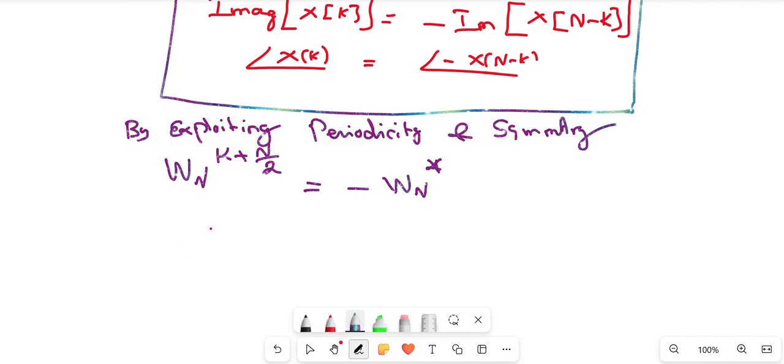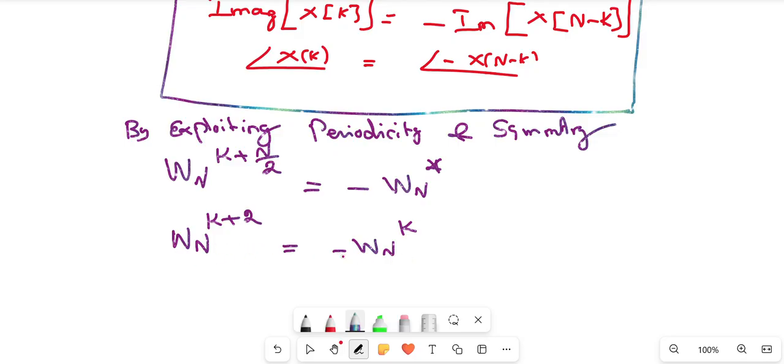For example, W power k plus N by 2. For example, N is equal to 4, N by 2 is 2. With the two properties, k plus 2, if k equal to 0, so this is W N power k plus 2, which is equal to W N power k.